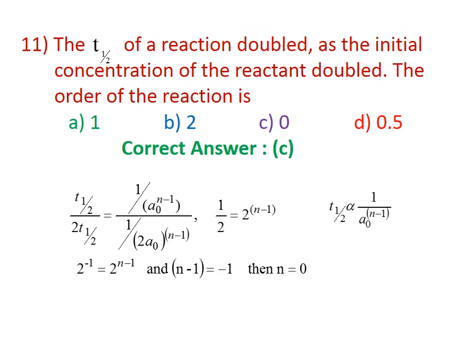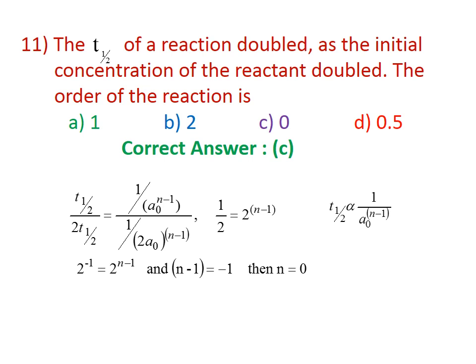The T half of a reaction is doubled as the initial concentration of the reactant is doubled. The order of the reaction is? Here, you know the relationship between T half and the initial concentration. The T half is directly proportional to 1 by A0 whole power n minus 1. You substitute it. T half is doubled, so T half divided by 2 times T half, that is 1 by A0 power n minus 1 divided by 1 by 2 A0 power n minus 1.